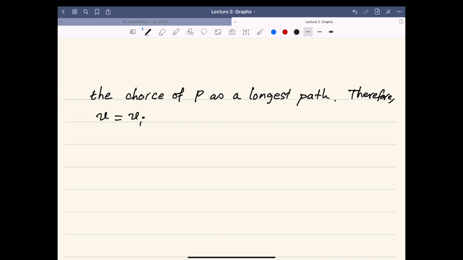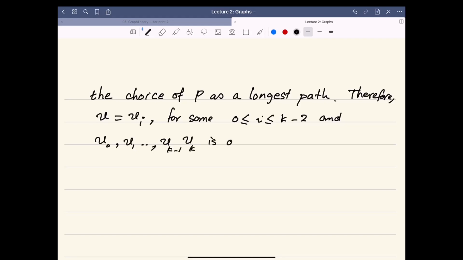And what are the candidates for Vi? The candidates for Vi will be any vertex Vi for i from 0 up to k minus 2, and Vi, Vi+1, up to Vk minus 1 and Vk is a cycle in G. Maybe I need to elaborate more on what I am writing here, because if you remember in the picture, we said that if V is not on the path, just simply add it.